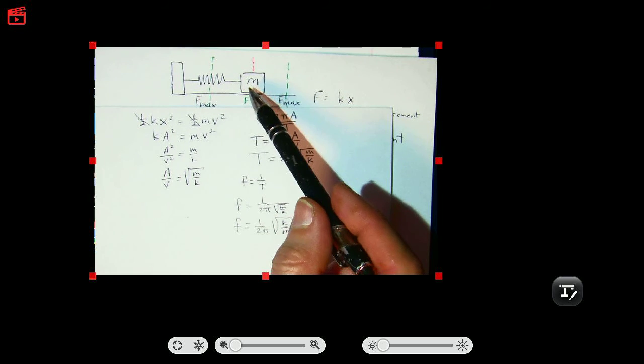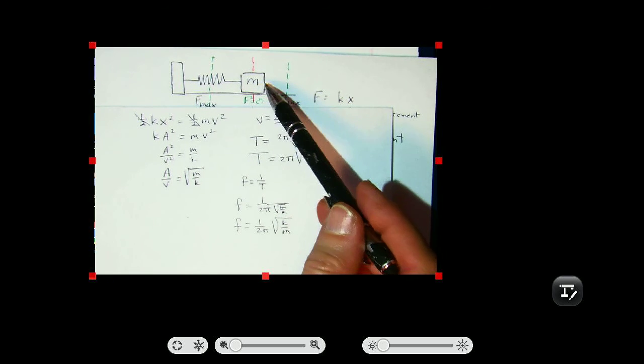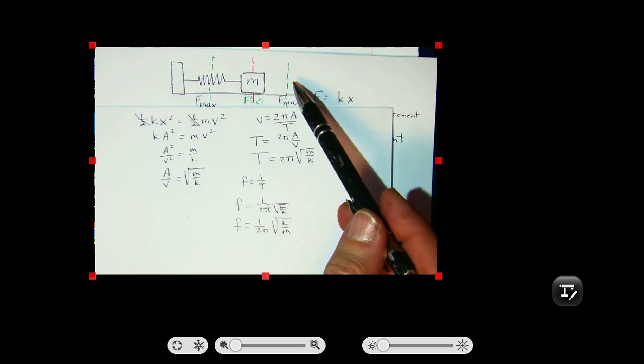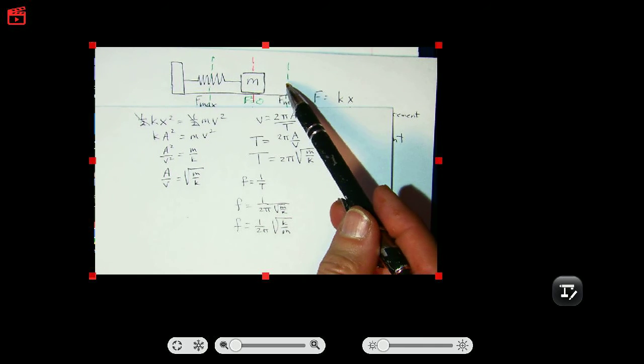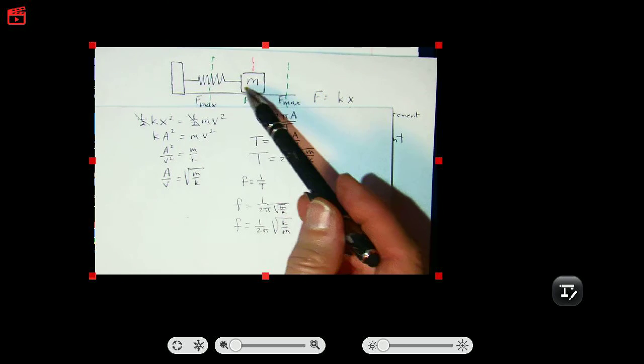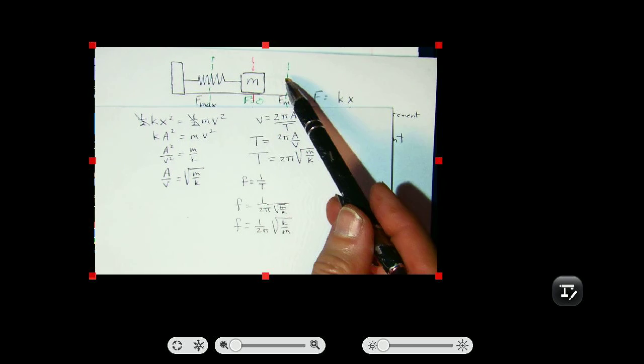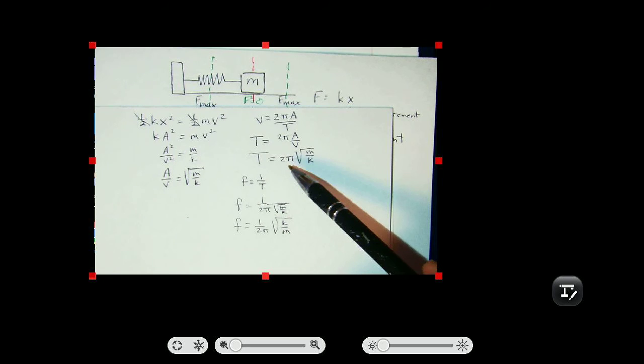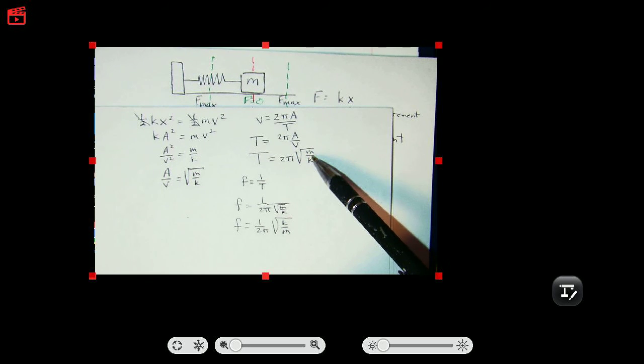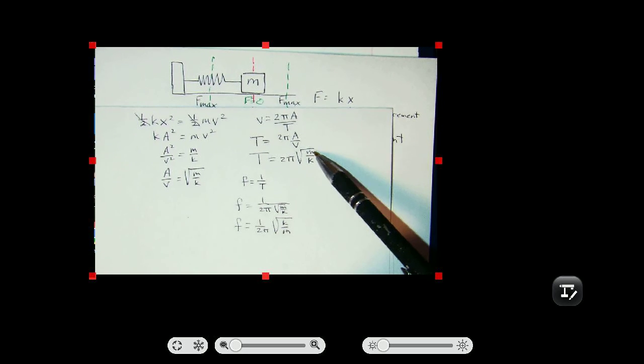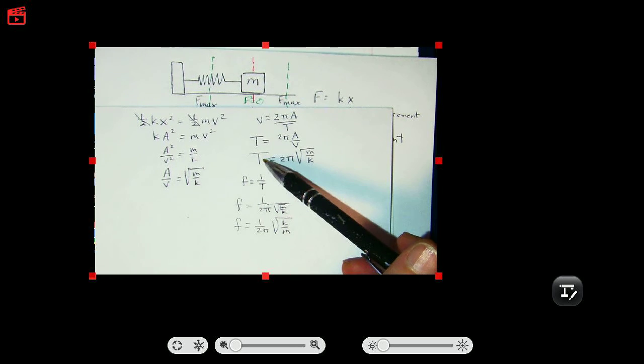If my mass gets bigger, that means it has more inertia. That means it's going to take more time to change its motion, to make it go from one side and back the other. So m in this equation needs to go on the top. The bigger the mass is, the more inertia it has, the more time it takes for one cycle.